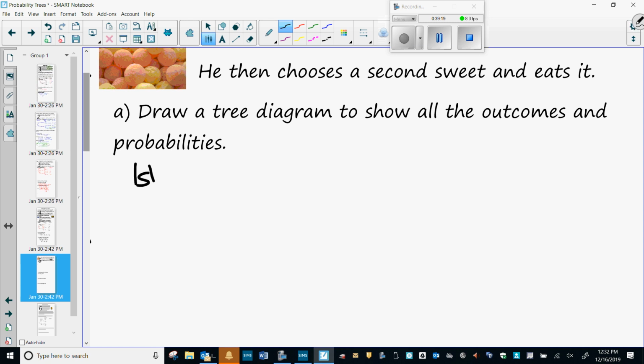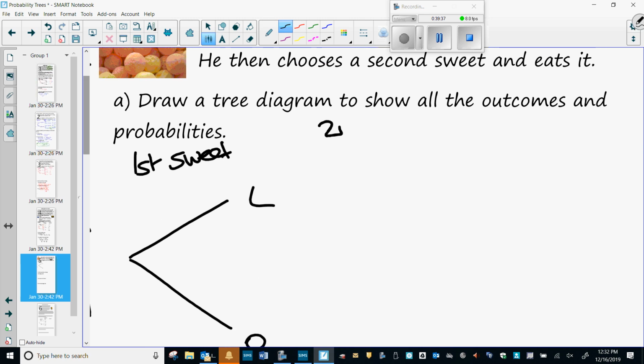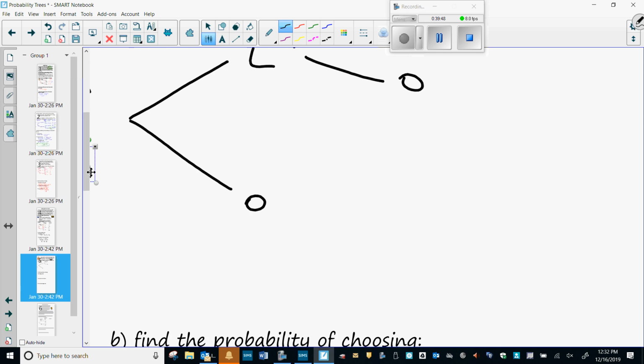So this first sweet, what are my options? Lemon or orange? What's my second sweet option? Lemon, orange.